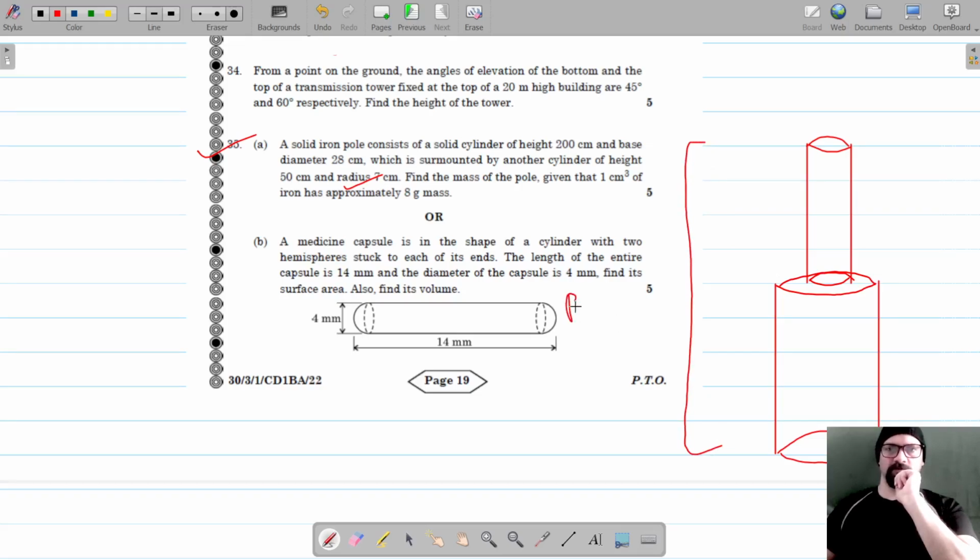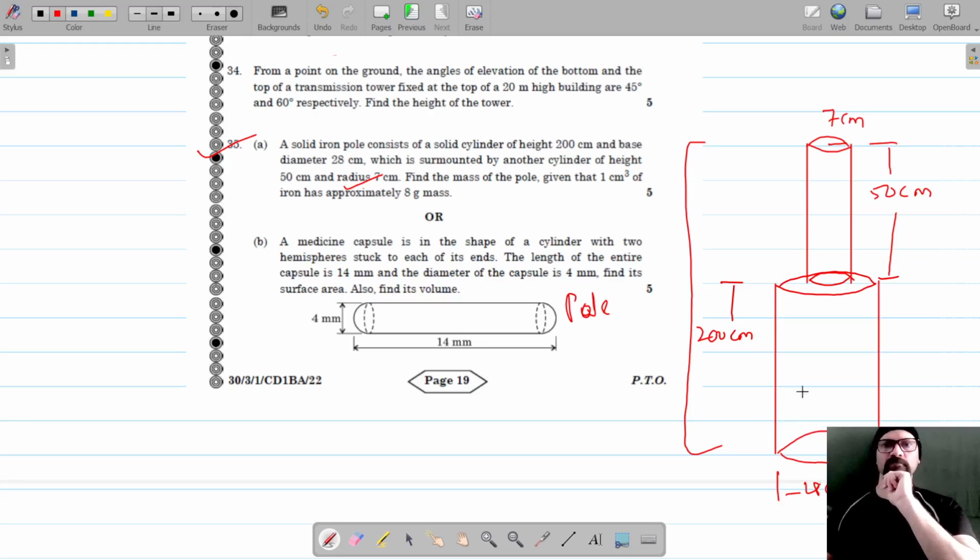This is the pole which consists of two cylinders, and the first cylinder's height is 200 centimeter and base diameter is 28 centimeter, which is surmounted by another cylinder of height 50 centimeter, and its radius, remember, is 7.